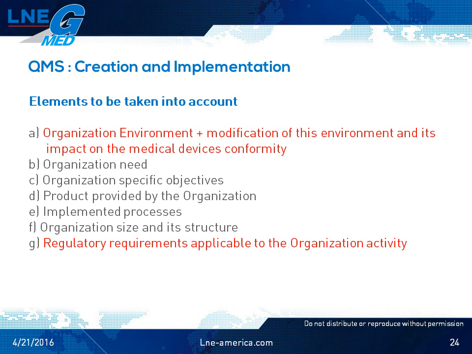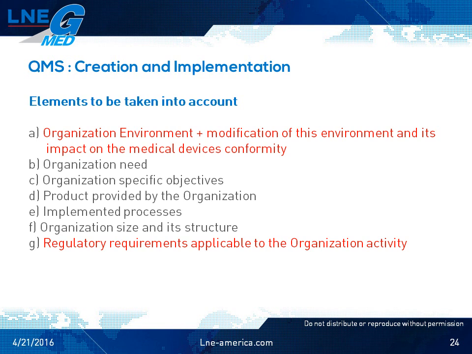Two items have been added to the elements to be taken into account to create and implement a quality management system. First, the organization environment and its evolution, and second, the regulatory requirements applicable to the organization's activity. What is here called organization environment could be comparable to the organization context as defined in ISO 9000 of 2015.